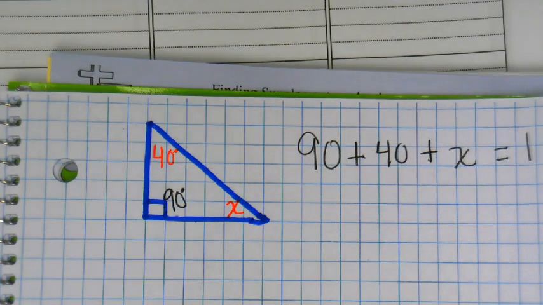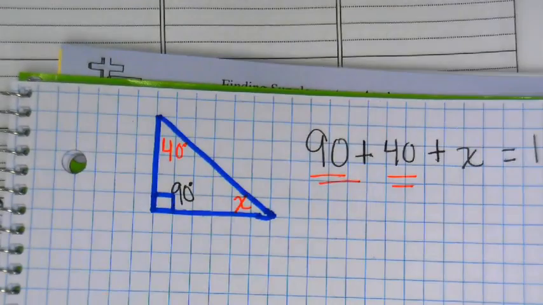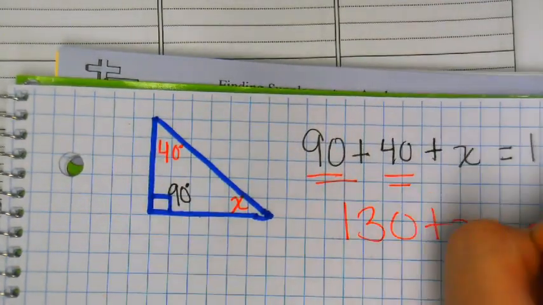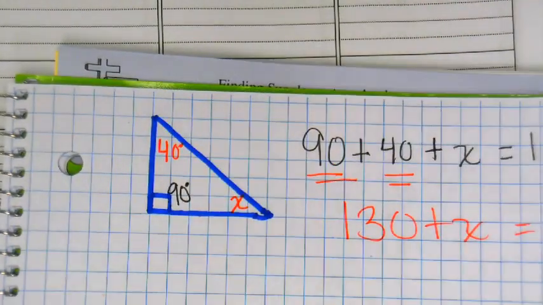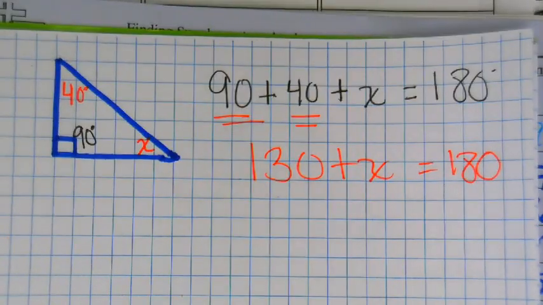All right. So now we add. We don't focus on our fingers, we add. What's 90 plus 40? Okay, so I have 130 plus x equals 180. So first we add the two numbers. Now what's our next step?